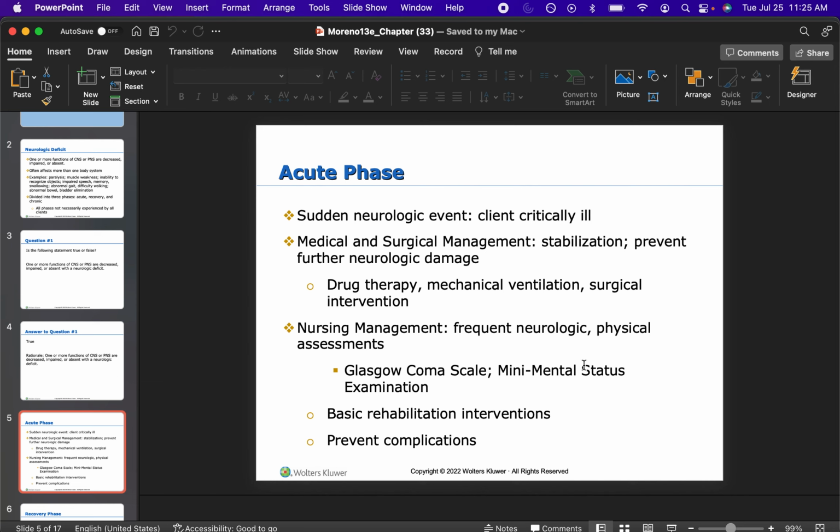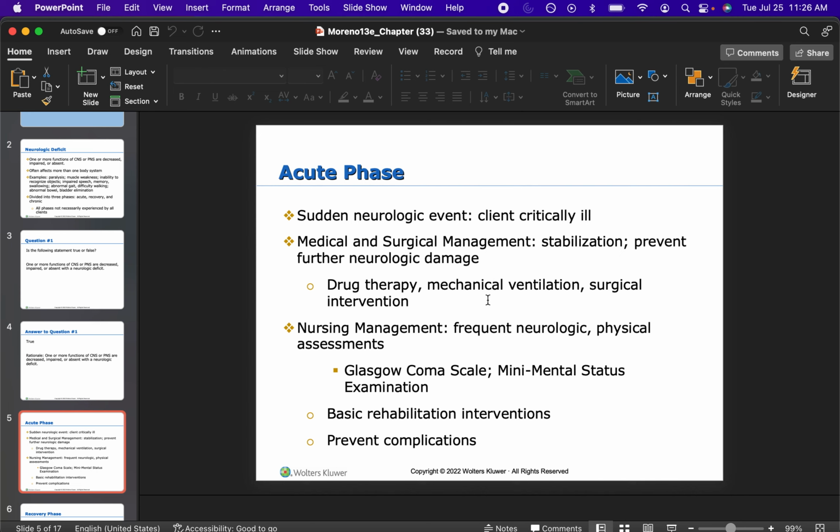So basically we need to stabilize this patient and stop what's going on or restore oxygenation to the brain, because remember, it's about 2 minutes that the brain can go without oxygen without severe neurological damage. So this can include drug therapy. They could be vented. They might have to go in and clear the clot. So for the acute phase, what we're trying to do is stabilize that patient.